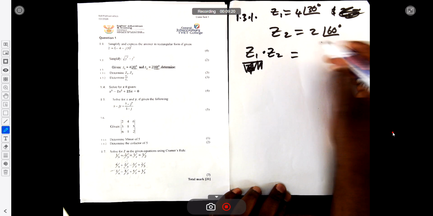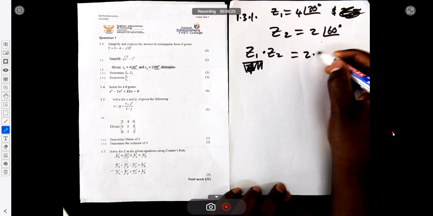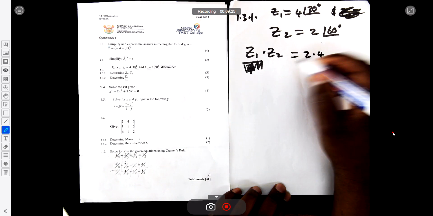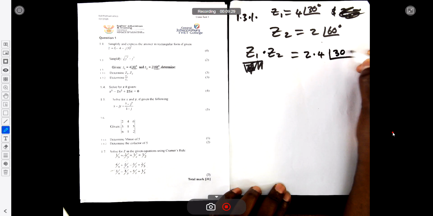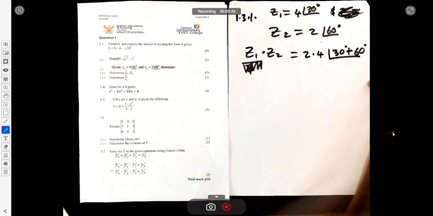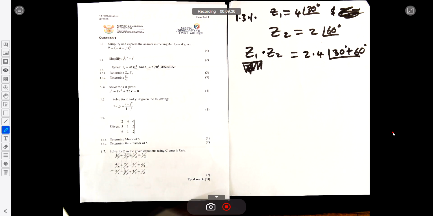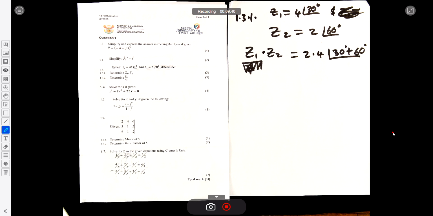When we multiply, we're going to say 2 times 4, or 4 times 2, vice versa, and 30 plus 60 degrees. De Moivre's theorem states that when we're multiplying, we multiply the modulus and add the angles. Multiply the r's and add the angles.